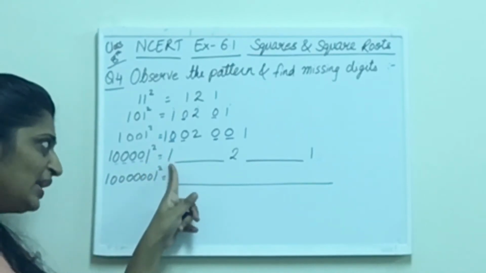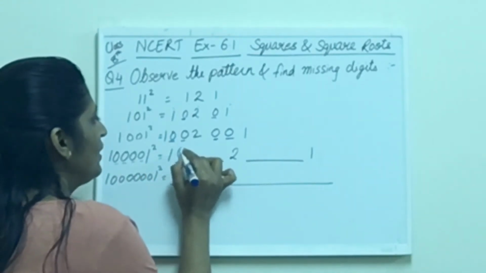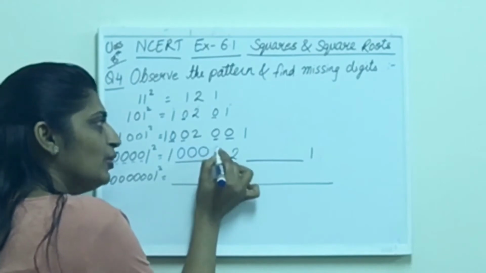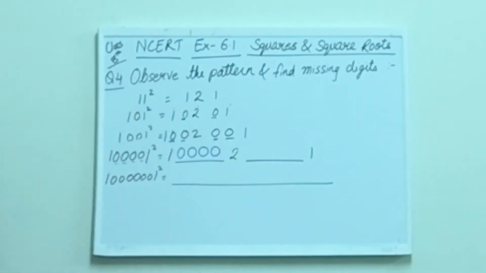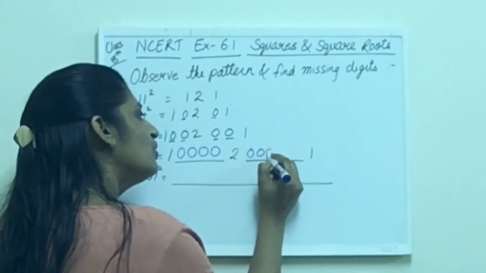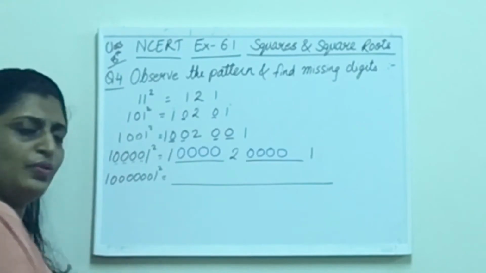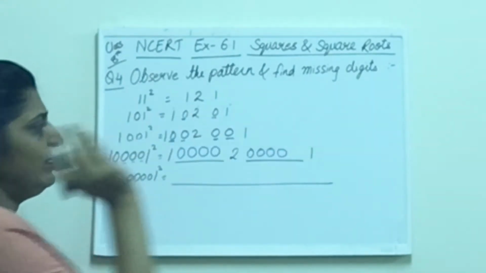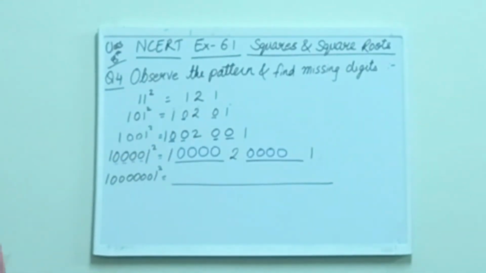So there is 1 followed by 4 zeros, then there is 2. Next again 4 zeros and then 1. I hope you got the fourth missing digit to fill in.